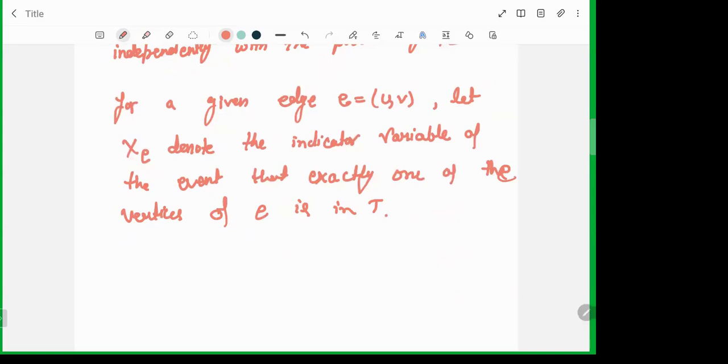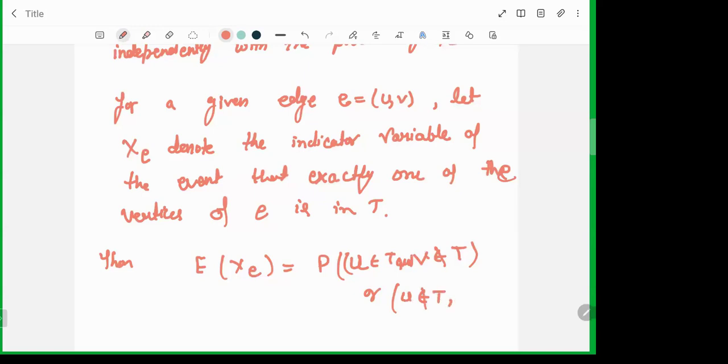Right? Then what is the expectation of X_e? This is basically either u is in T and v not in T, or u is not in T and v is in T, right?